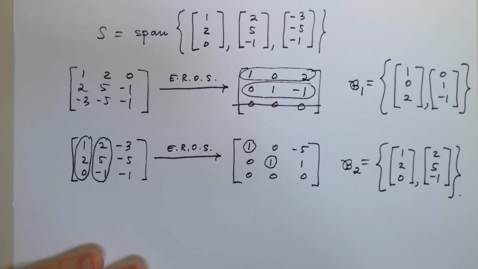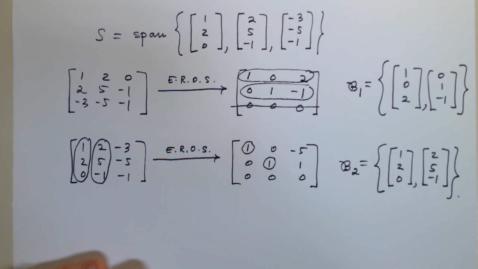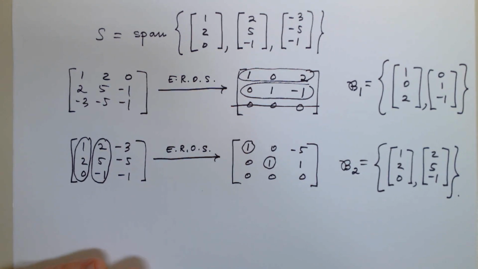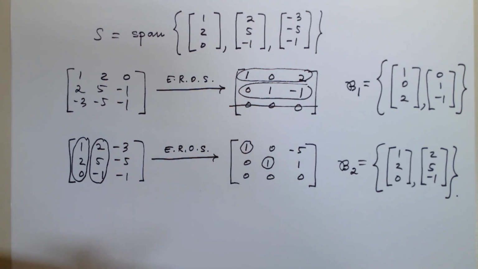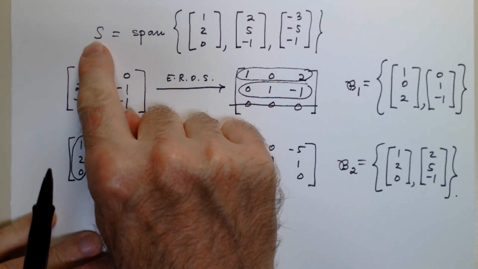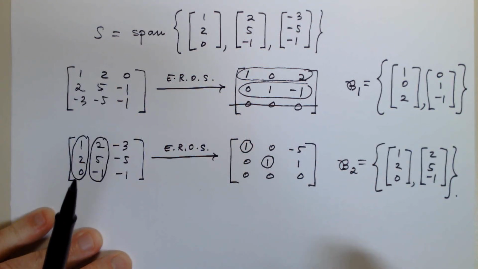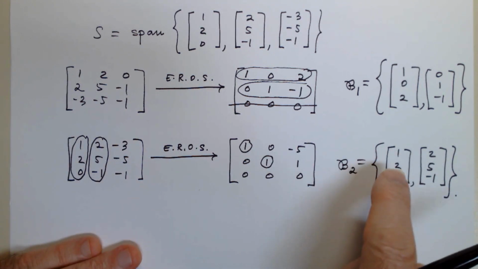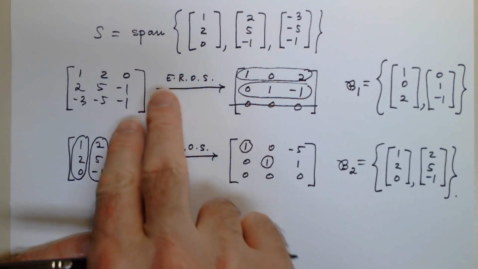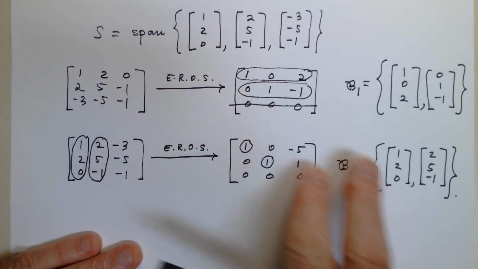Okay? So what's interesting here, and this is what we have to take with us as we move forward, is that it's obviously very possible to take a subspace and produce different bases for that subspace. So we found one basis using a row method, and another basis for S using a column method.